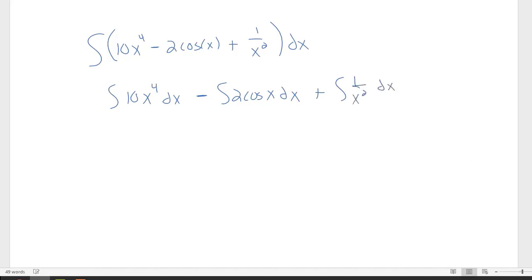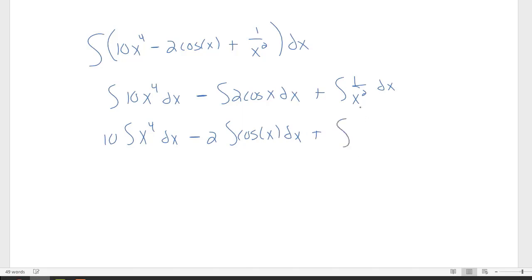Right, so I'm going to find each of these antiderivatives. So again, usually what we like to do is pull the constant out front of the integral. Right? And so we write each of the terms this way.